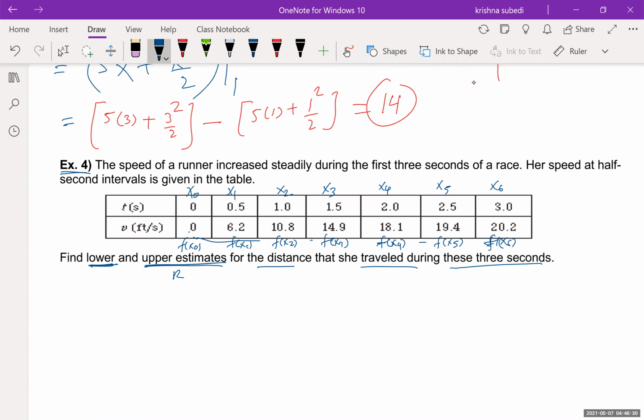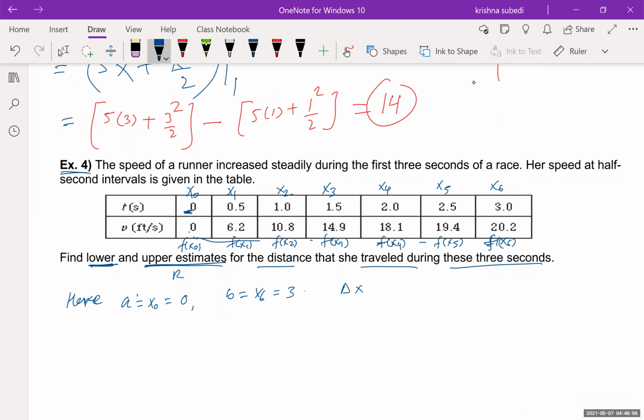Now, in this case, we notice that the starting point A is the initial value of x, A equals x0 equals 0, B equals x6 equals 3, okay?